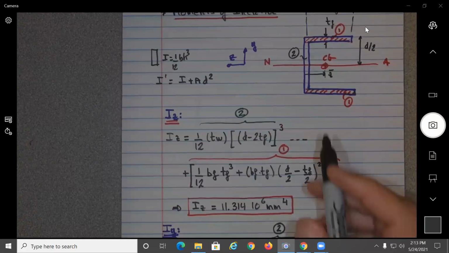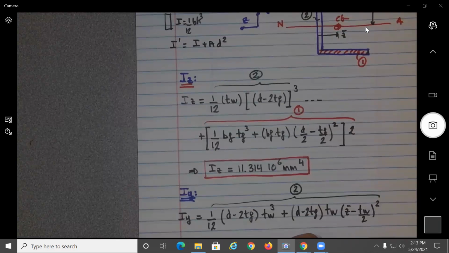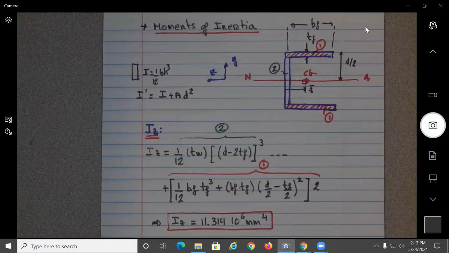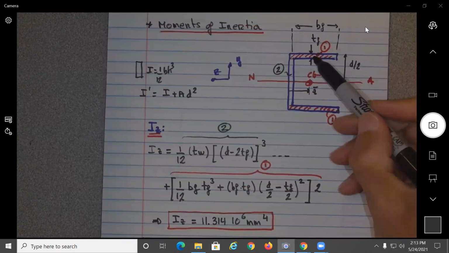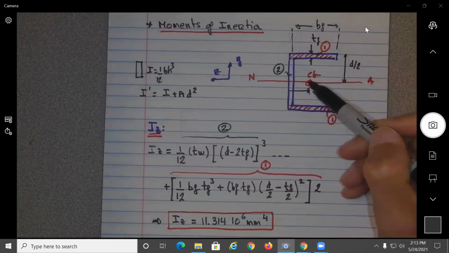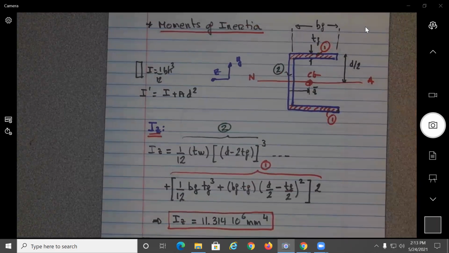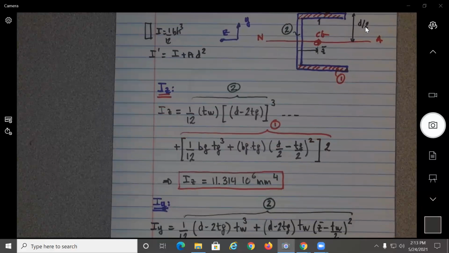And the height will be B flange to the cube. Now we need to move it from where? From the center of this one, let's say here, to the general center of the CG. So the area will be what? B F times T F.